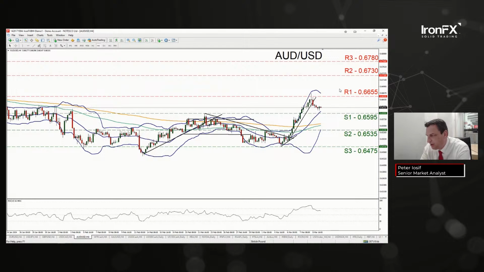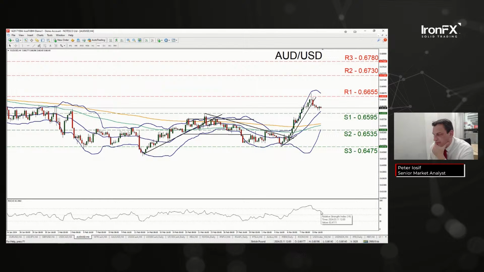Now, on technical level, I would be noting here that we have the 20 moving average, which is on the rise, practically reflecting the intense rise of the price action over the past few days, yet the rise of the 20 moving average is missing out on the stabilization here.